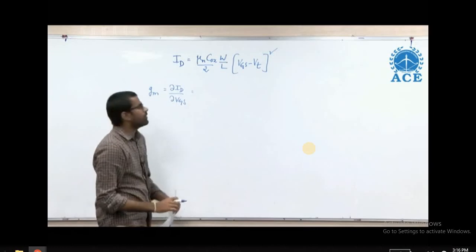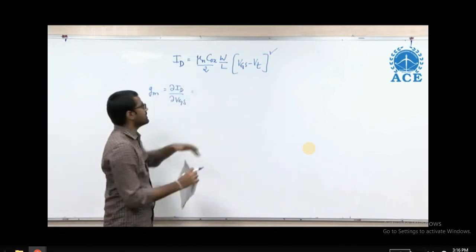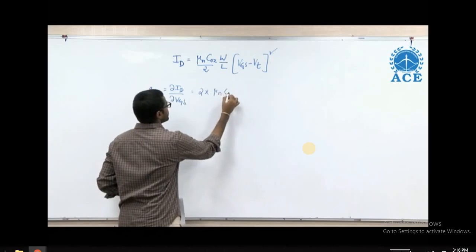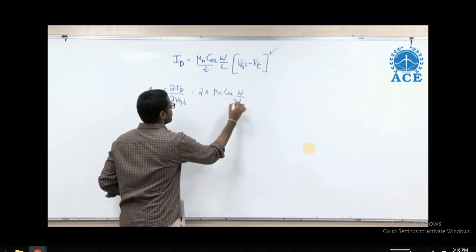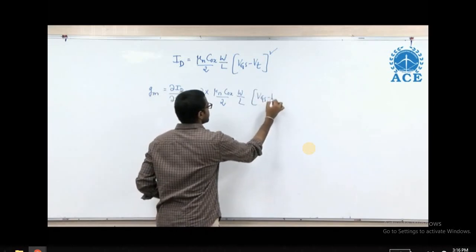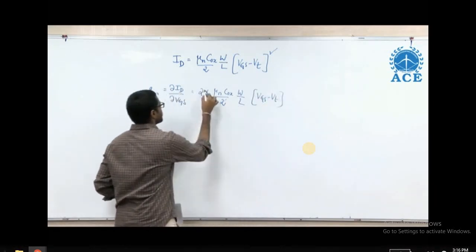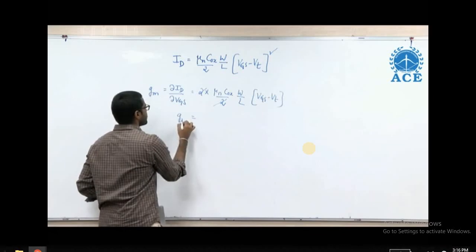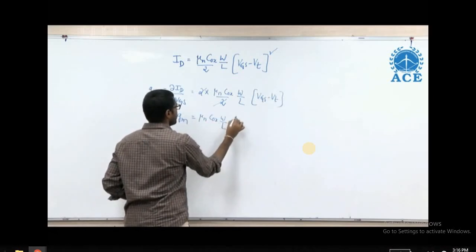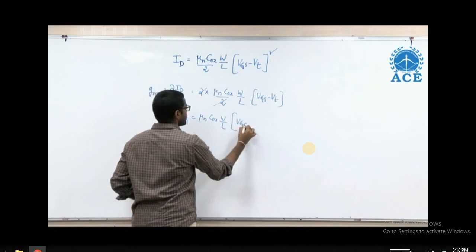So now differentiating this equation with respect to VGS, we obtain 2 into mu n Cox W by L by 2 into VGS minus VT. Cancelling these two, we get transconductance as mu n Cox W by L into VGS minus VT.